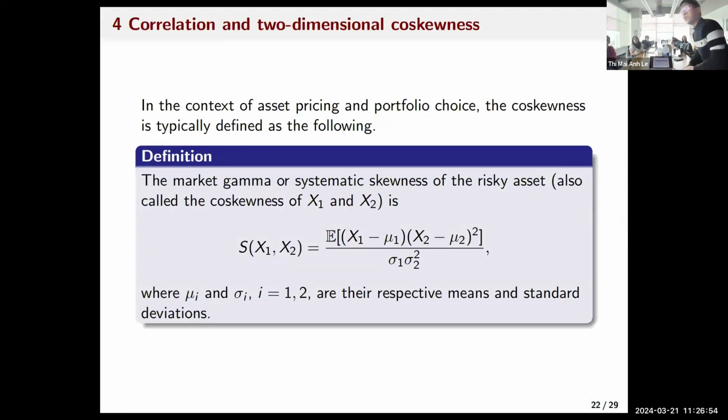This type of coskewness here, we want to know, with the market's return for example, what is the relationship between the stock return and the square of the market's return.